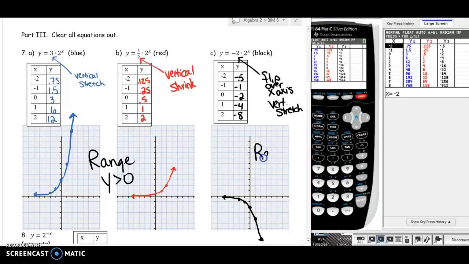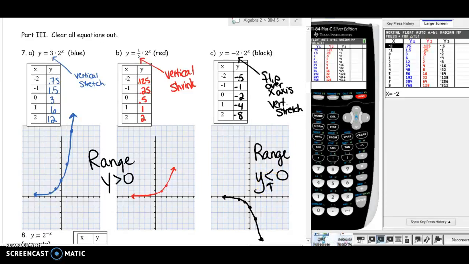But think about the range for C. Are the y values larger than 0 in graph C? The y values are less than 0. So when we flip over the x-axis, we're also flipping that range from positive numbers to negative numbers, so y is less than 0.